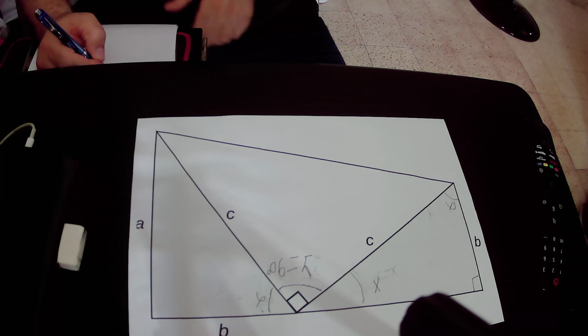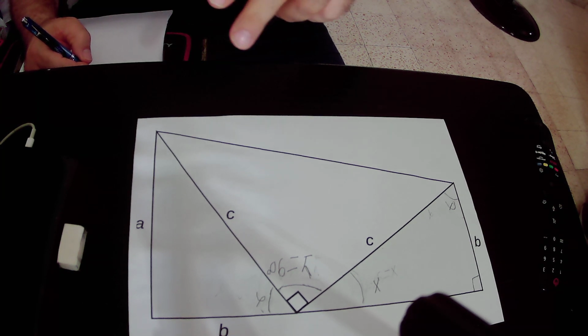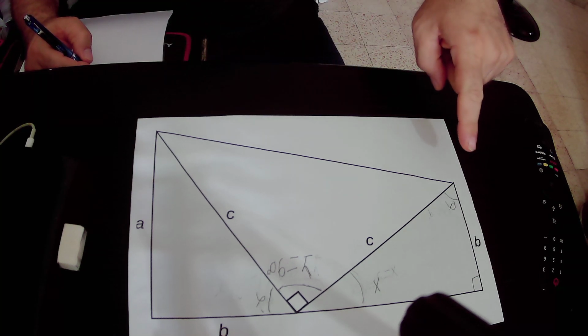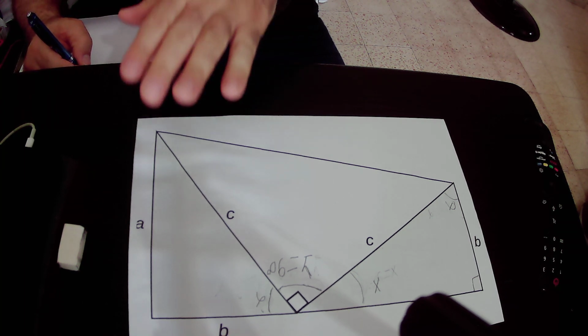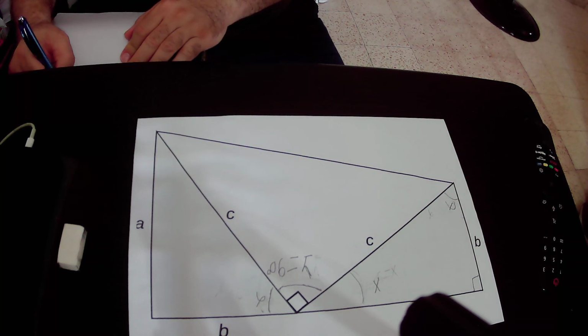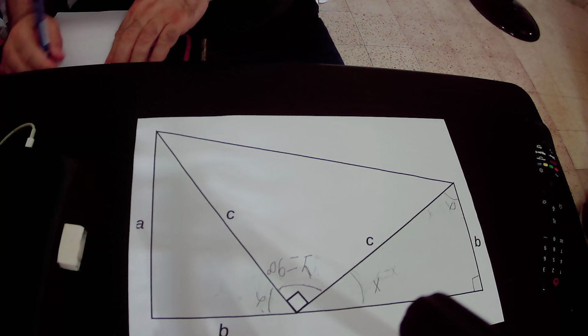S equals the sum of the sides that are parallel to each other. A is parallel to B, so it is A plus B, times the height of this trapeze, that is also A plus B, and we divide this by 2.